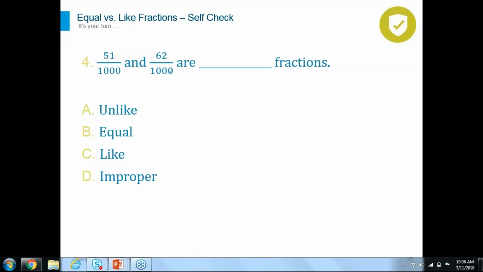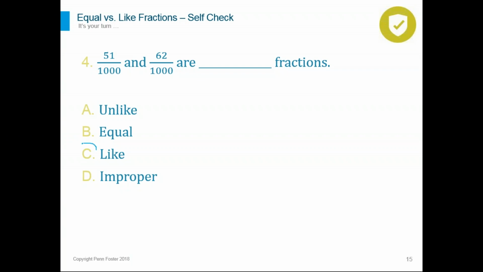Well, since they have the same denominator, the only right answer from the ones given in this question is like, C. Of course, they are not equal, because 62 is greater than 51, so one fraction is greater than the other one. So equal is wrong.